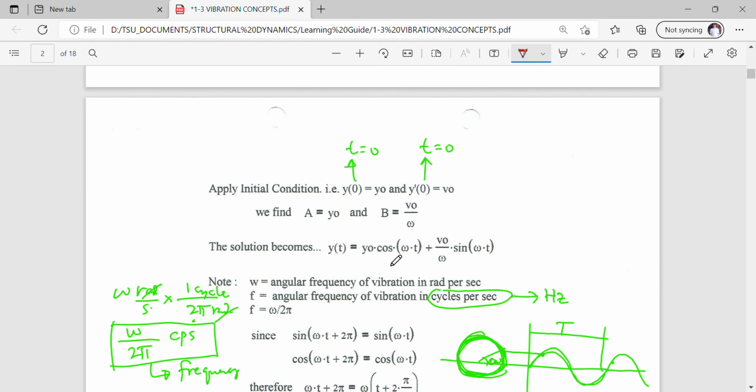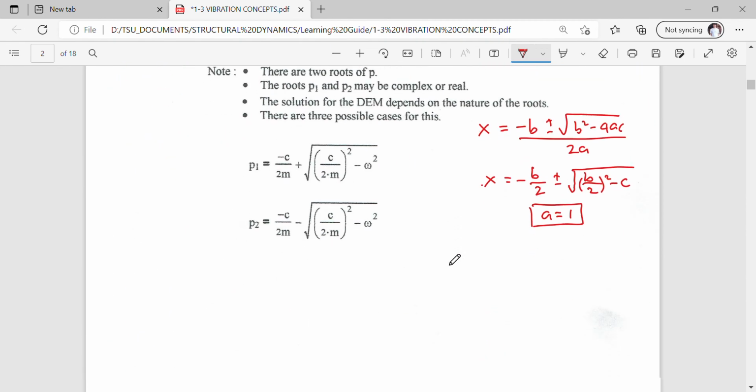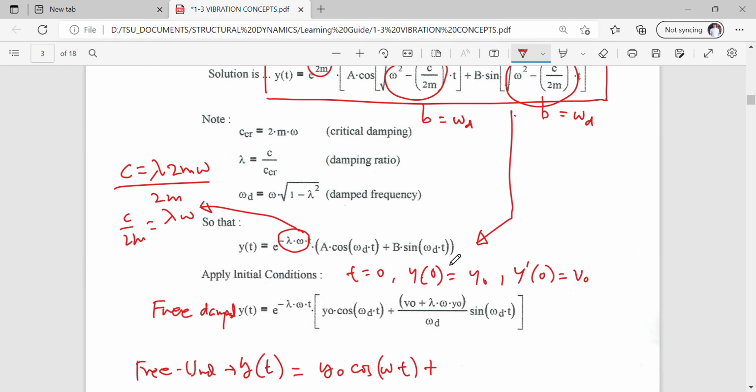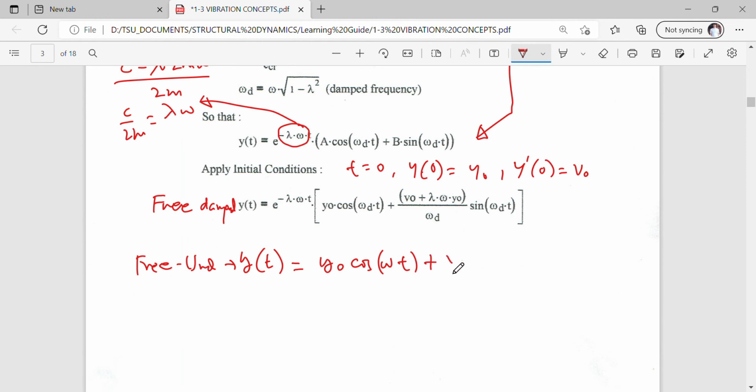Okay, y0 cosine omega t plus v0 over omega sine of omega t. Okay, so that's it. If you compare the two, they are just almost similar. Wala lang yung lambda, omega, y0 there.